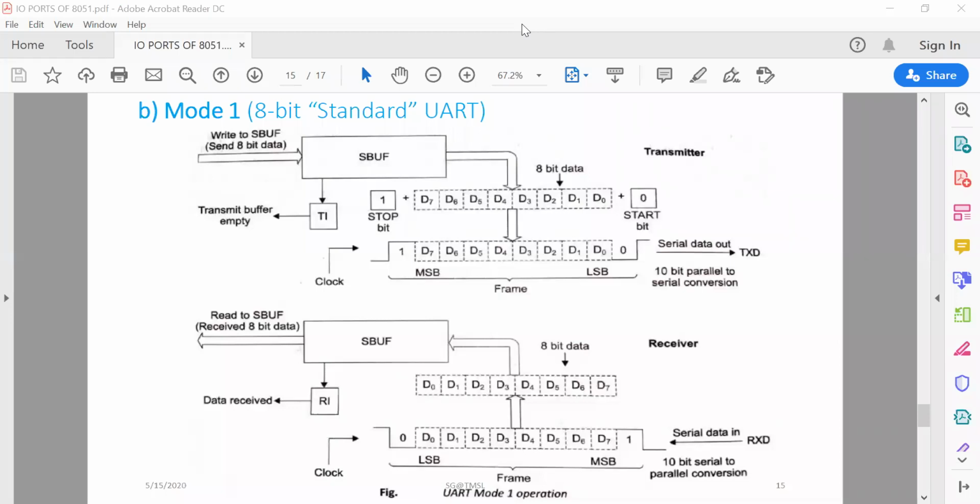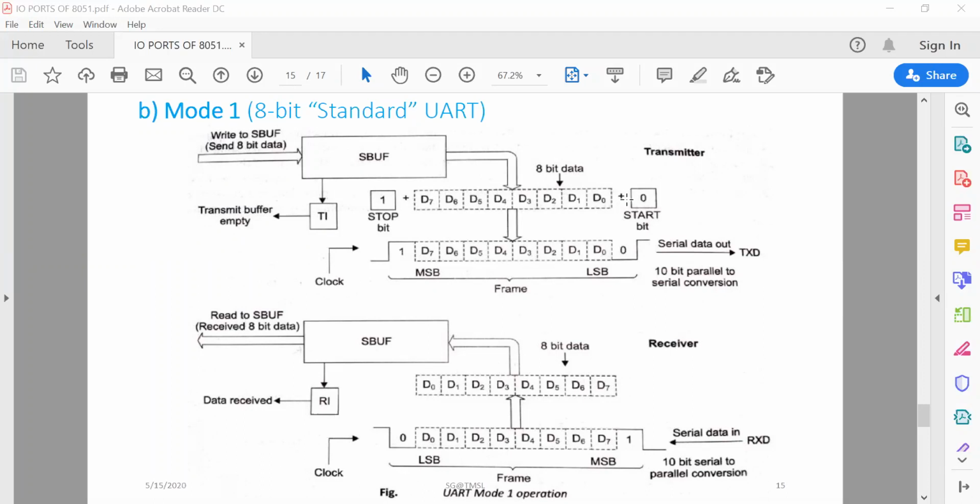So data transmission in this technique begins by writing data to the serial buffer register first, in this position. Then the start and stop bits are added by hardware to form a 10-bit frame. In this way, start bit, then 8-bit data, and one stop bit.